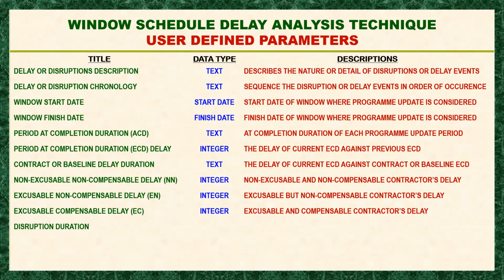So that is called disruption, not only for the client's delay or some other external cause maybe. This disruption doesn't mean that it will cause a delay or have an overall impact on the project completion.